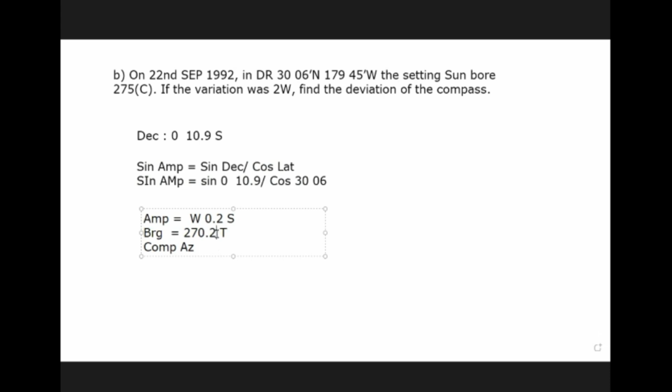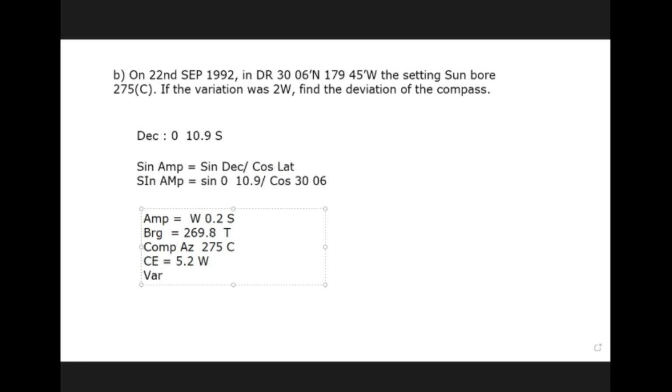Sorry, you're right, 269.8. So compass azimuth is equal to 275 compass. Therefore, compass error is 5.2 west.